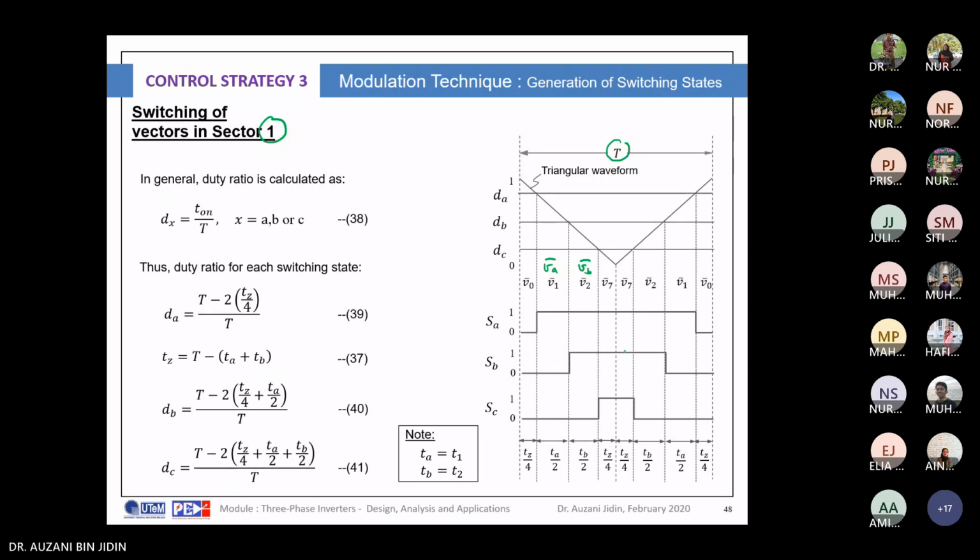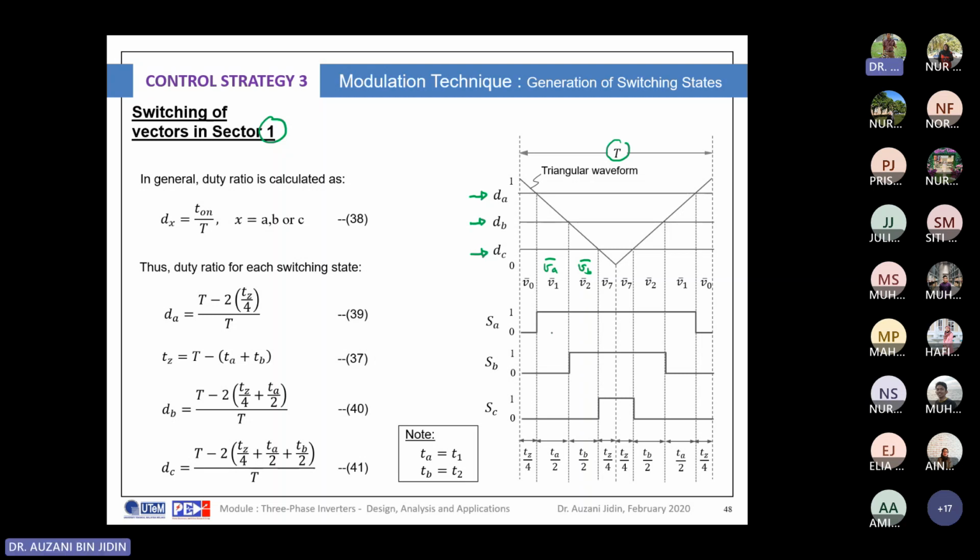Okay, then for the last step, you need to calculate the duty ratios dA, dB, and dC. In order to produce the switching state, remember your switching state varies from 0 to 1, so it is a digitized output, not analog.